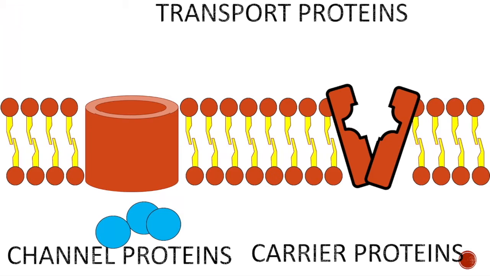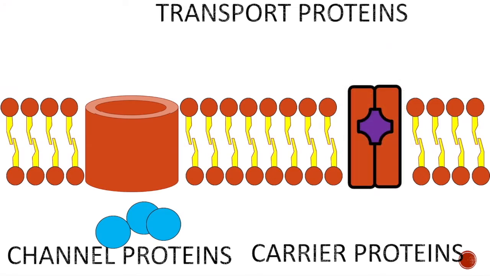But if that blue one comes over to a carrier protein, it doesn't fit the mold which it shows right here for the carrier protein. It's much more specific on what it lets in, so it needs something to fit that exact type of molecule that it's shaped for. The blue one wouldn't work, but this purple one would fit. When it goes into that carrier protein, it fits right in.